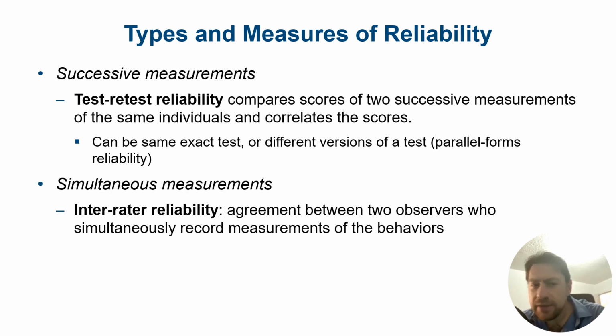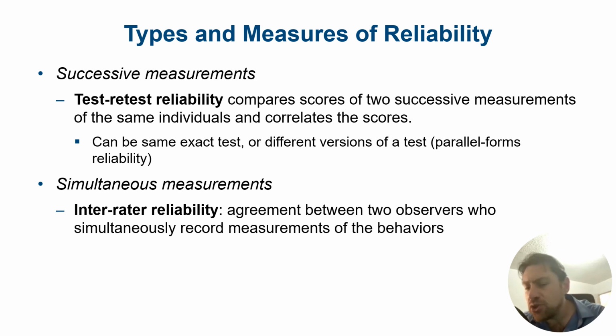All right, next we have simultaneous measurements. This is often used when you have humans conducting the measurements. So, for example, let's say you're a developmental psychologist examining kids in a playground, maybe a videotape of kids in a playground, and you're trying to count the instances of bullying. How many times do you observe bullying behavior?